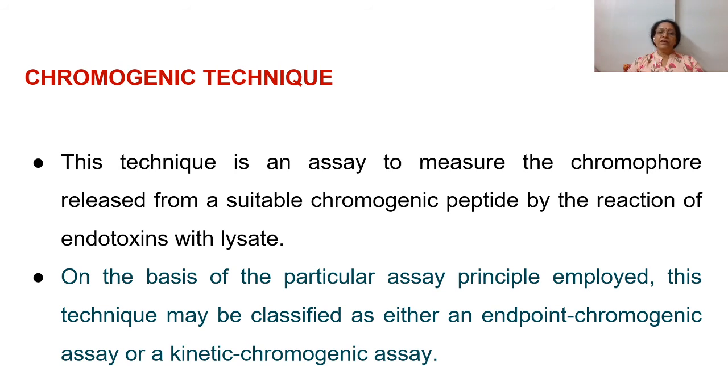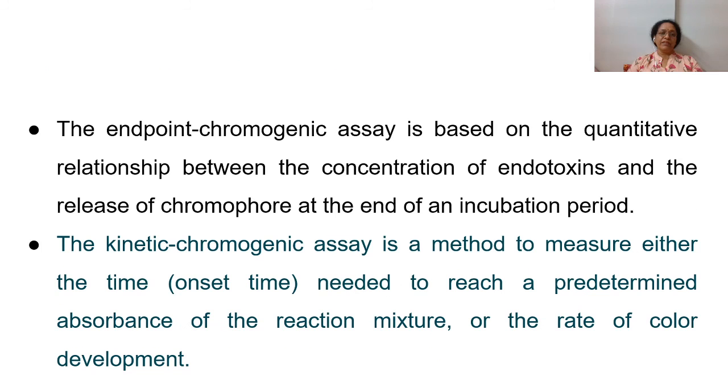This technique is an assay to measure the chromophore released from a suitable chromogenic peptide by the reaction of an endotoxin with lysate. On the basis of the particular assay principle employed, this technique is again classified as either an endpoint chromogenic assay or a kinetic chromogenic assay, similar to the turbidometric method.